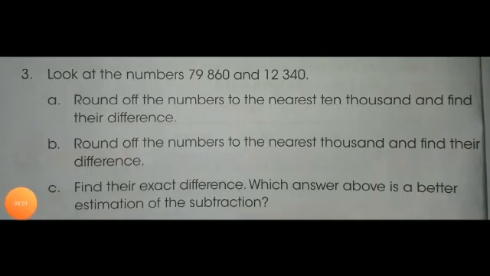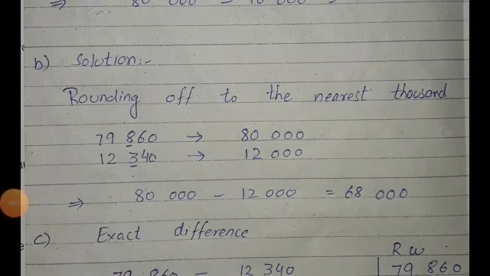Part B is round off the numbers to the nearest 1000 and find their difference. To round off to the nearest 1000, in the first number we have to round off 9, so we will look at the 8, that is in the hundreds place. 8 is greater than 5, so 79 will be converted into 80,000.